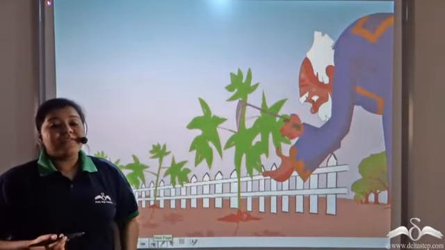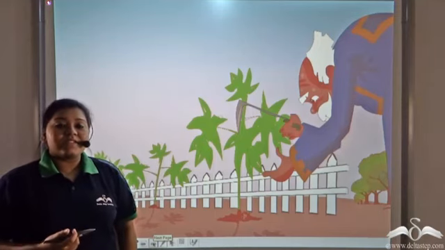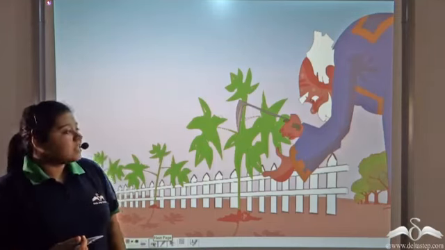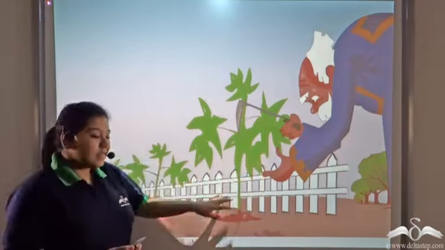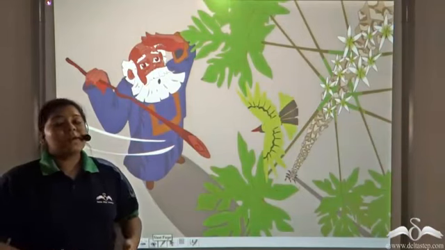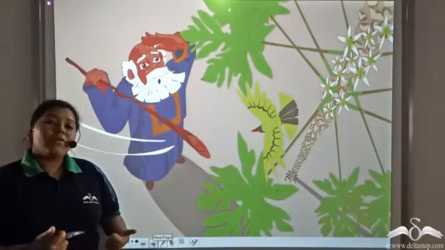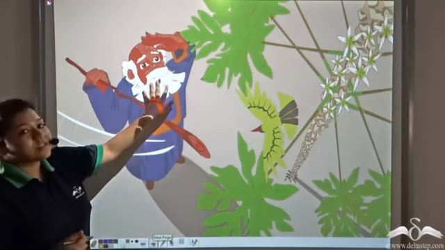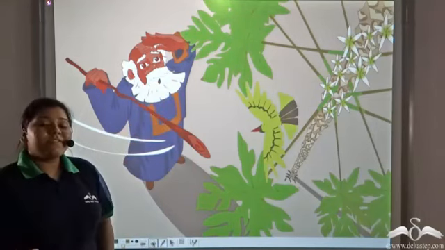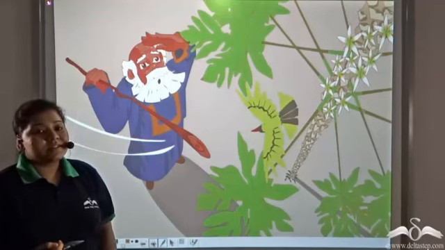Now the old man was very excited by the success of his apple tree. So he planted some papaya trees, and just like he took a lot of care of his apple trees, he took a lot of care of his papaya trees. He used to drive away any birds sitting on the papaya tree.